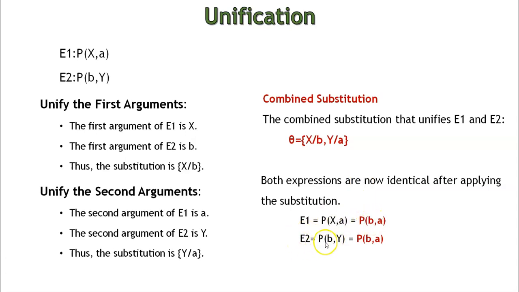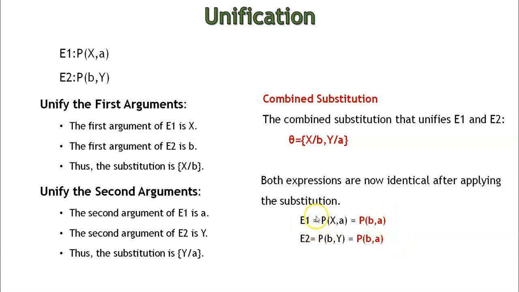Similarly, for E2, y is substituted as a, so logical expression 2 will also become P of b comma a. So we can observe that after applying the proper substitution, we can make the two logical expressions equivalent, or identical.